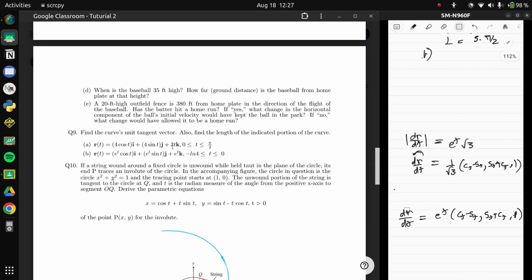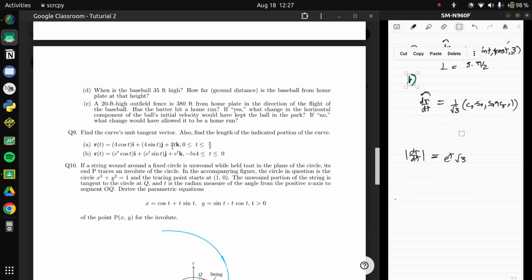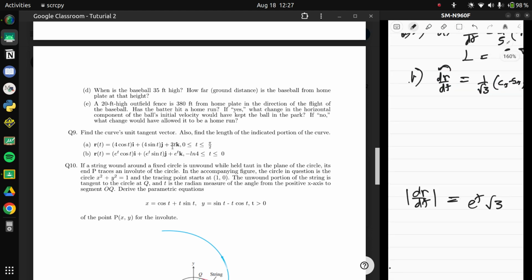So this is our unit tangent vector. And what's the path length? So we just have to integrate e power t square root of 3 with respect to dt from negative natural log of 4 to 0.